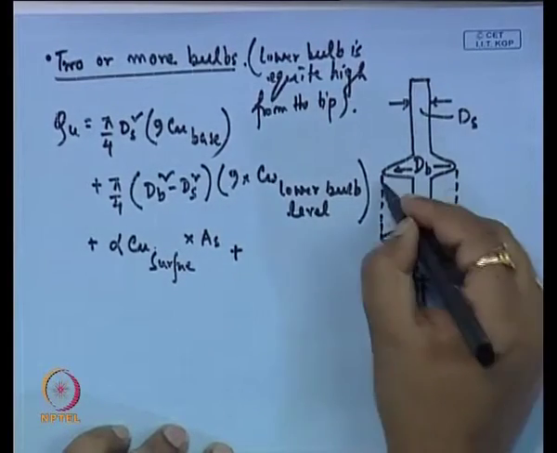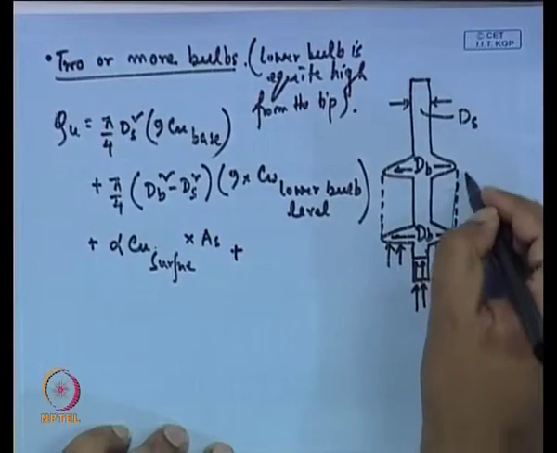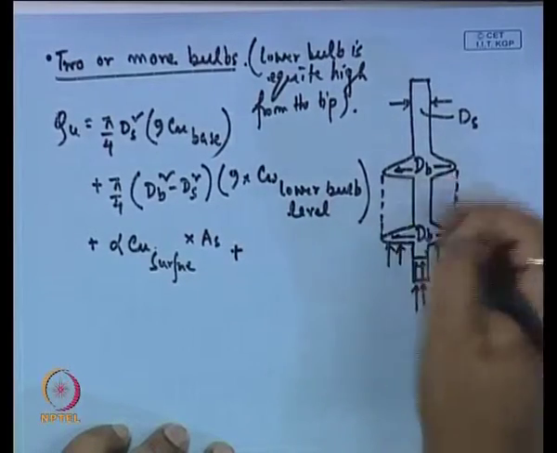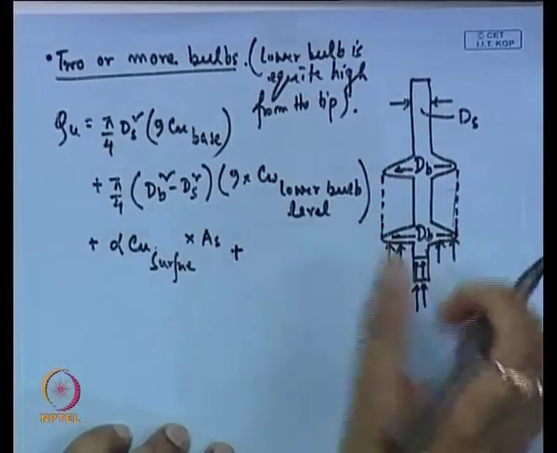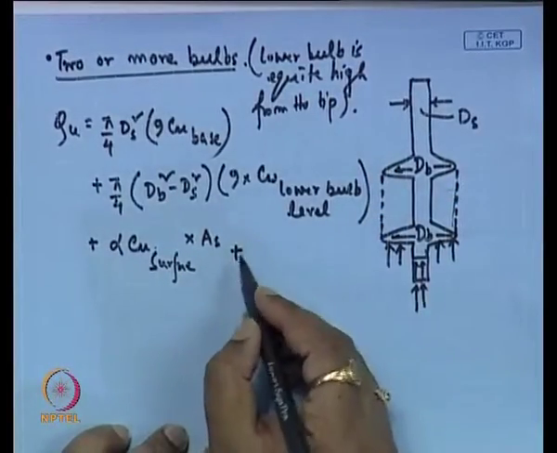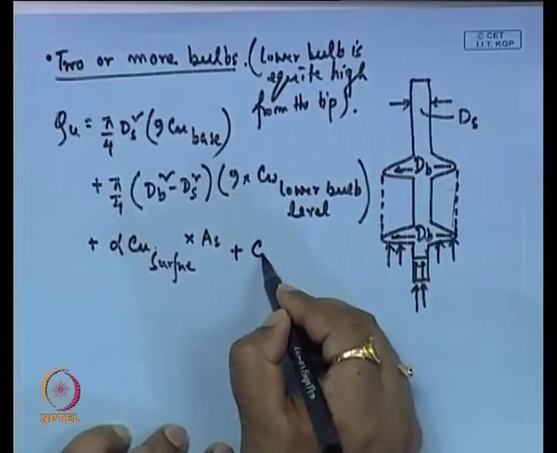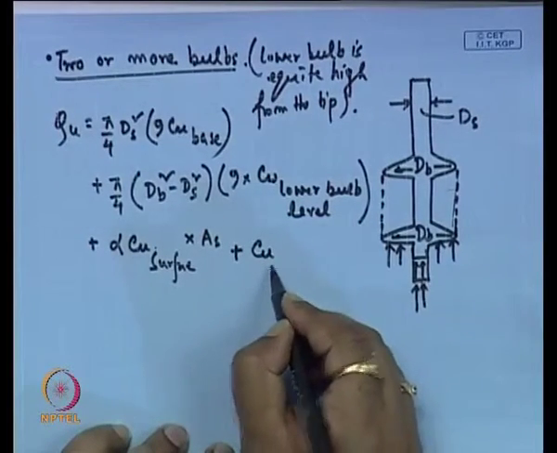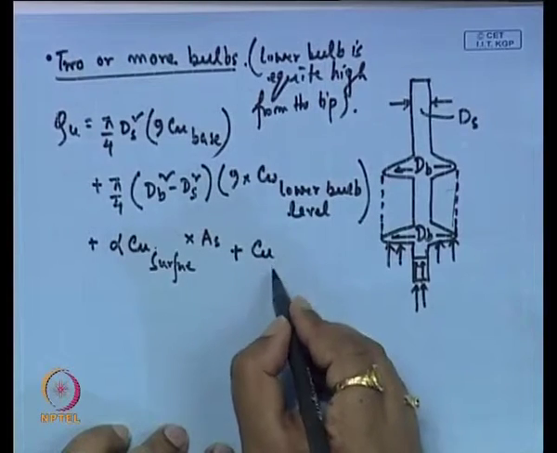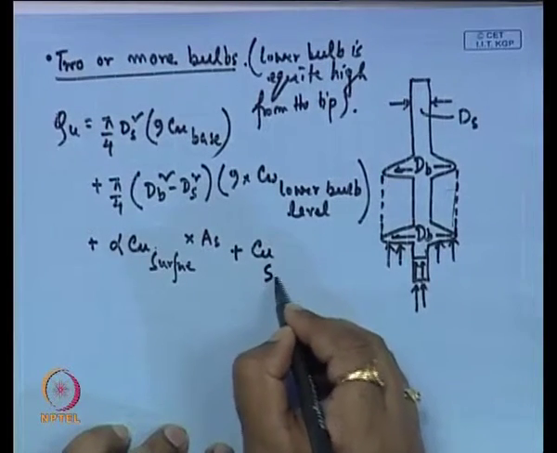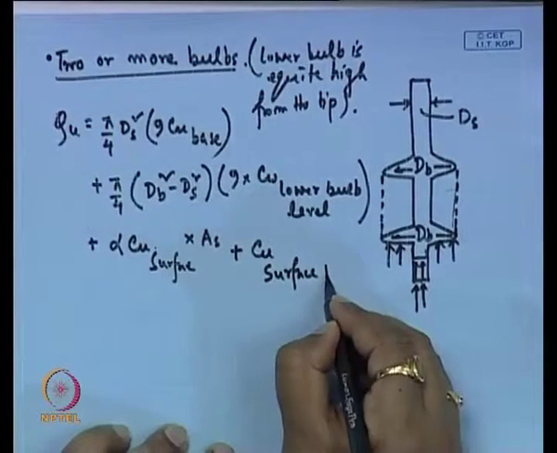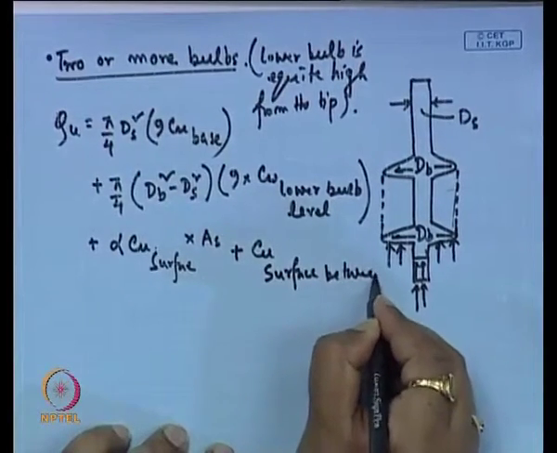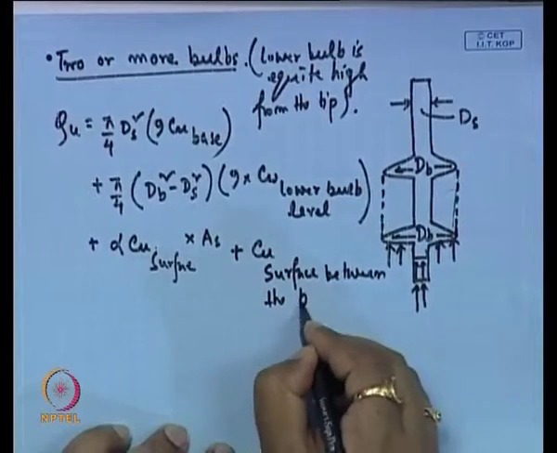Due to the two bulbs, if we consider one cylinder, we are getting resistance from these two cylinders, due to the movement of these two bulbs. So, that means another resistance we will get, that is Cu at the surface between the two bulbs, the surface Cu between the bulbs.